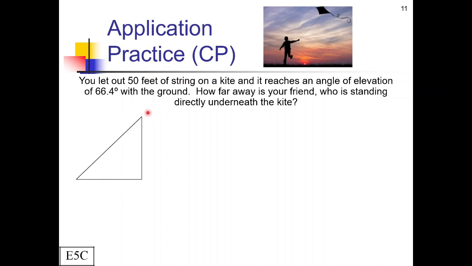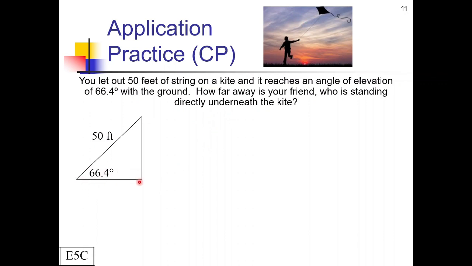So the kite is up here, you're down here, your friend is over at this right angle corner here. From you to the kite, that's where the string is. That's 50 feet, pulled pretty taut there. And they said we have an angle of elevation of 66.4 with the ground, so that's going to be right in there.